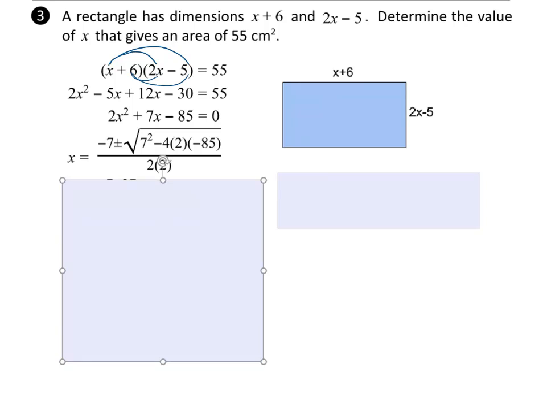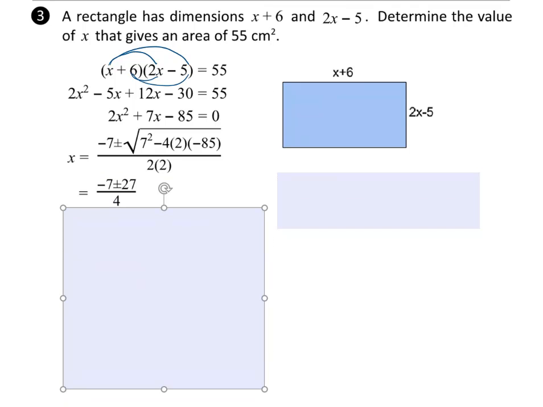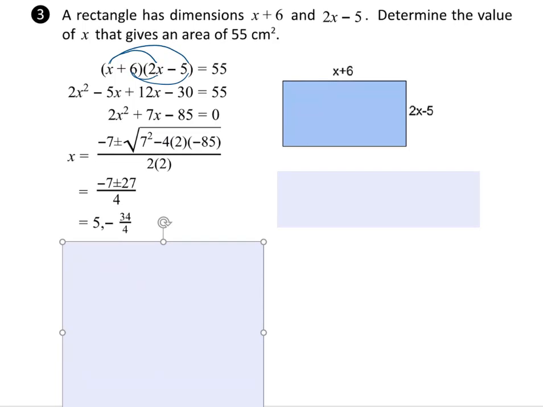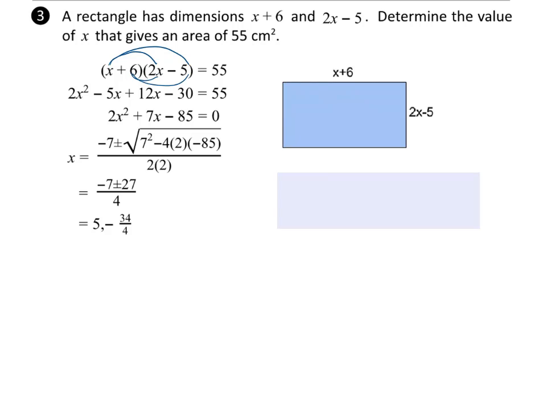So you guys should know where these numbers are coming from. The formula is negative b plus or minus the square root of b squared minus 4ac, all over 2a. And we reduce it down. We get negative 7 plus or minus 27 over 4. We can't take out a factor of 4 from both, but we can solve, and we get 5 and negative 34 over 4.